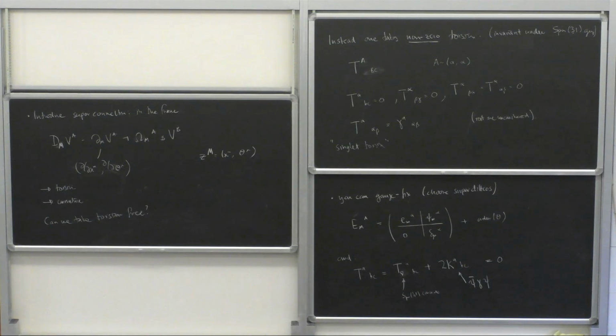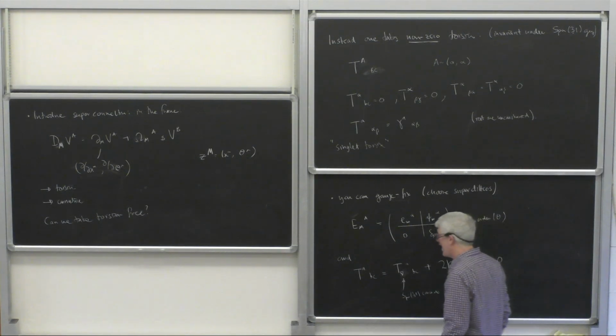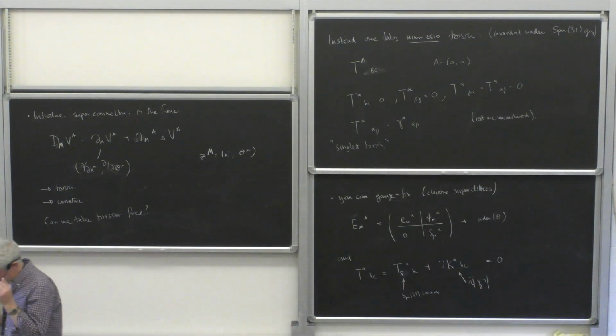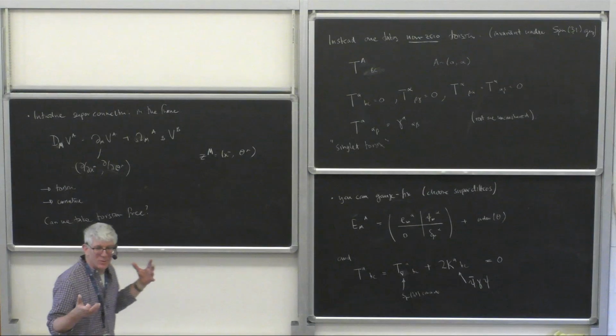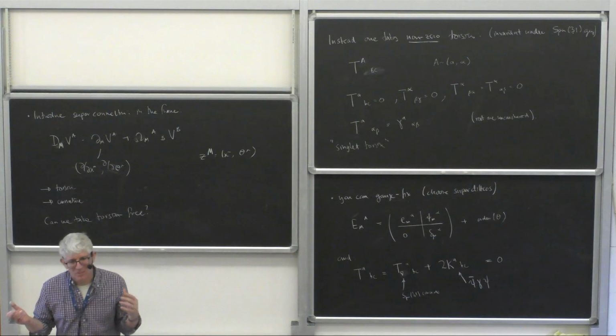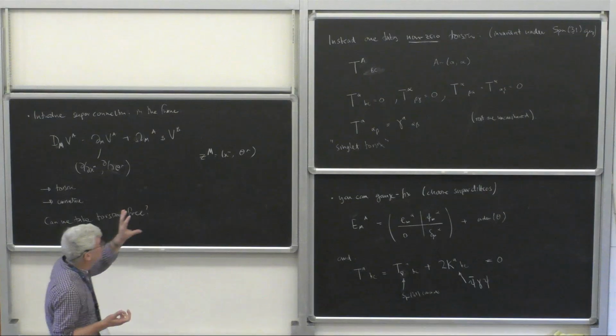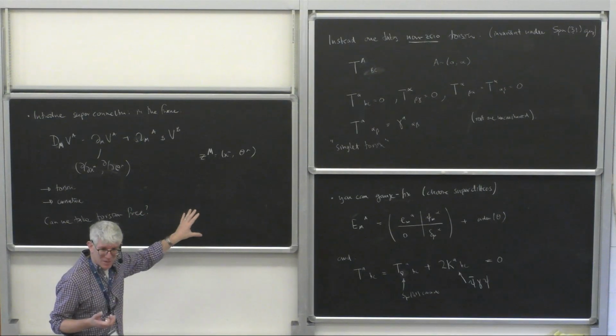Yes? I guess the question is, why do you use these conditions? Okay, so again, it's a little bit of magic, right? People first worked out what the theory was, and then said there must be a geometrical way of thinking about it. I'm misrepresenting the history, but they tried to do it in superspace.